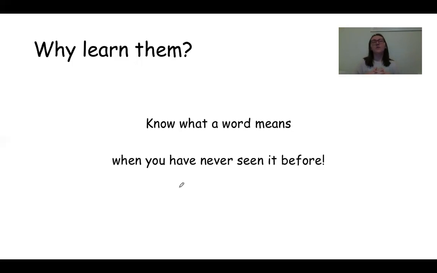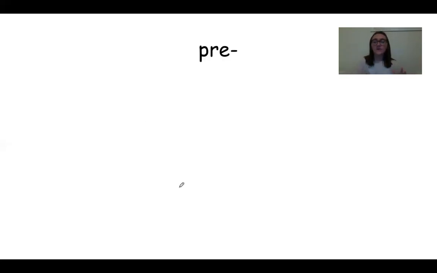So even though you've never read the word before, because of that little word at the beginning, that little group of letters, it tells you, okay, at least I know that it is talking about this, because that little word has its own meaning, then it gets attached to another word. So the first one we're going to talk about is the word pre.